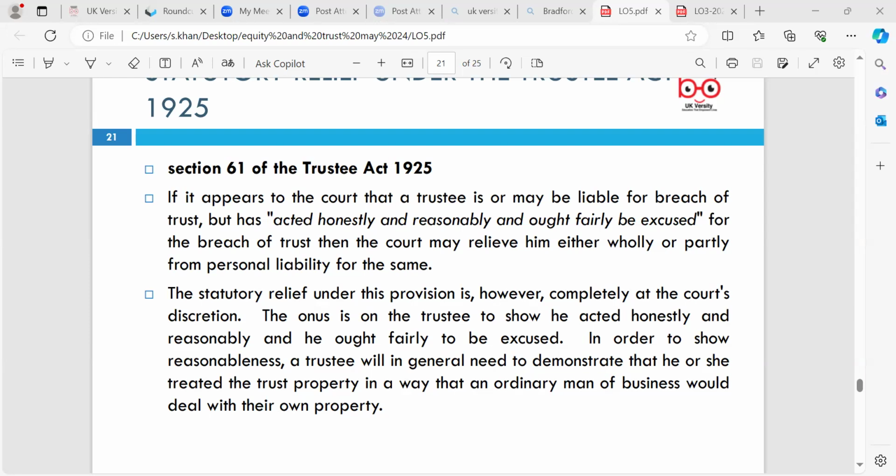Section 61 gives the court the power to relieve a trustee from personal liability for any breach where the trustee acted honestly and reasonably, and ought fairly to be excused.